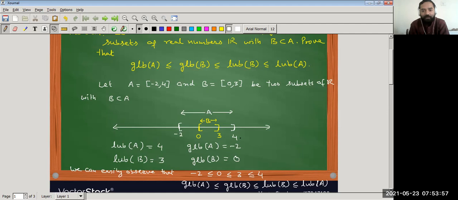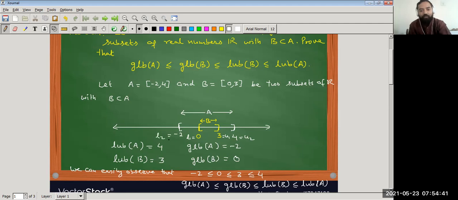Let the least upper bound of B be equal to u1, and the greatest lower bound of B be equal to l1. And the least upper bound of A be equal to u2, and the greatest lower bound of A be equal to l2.